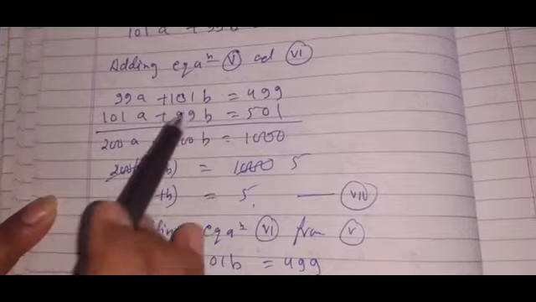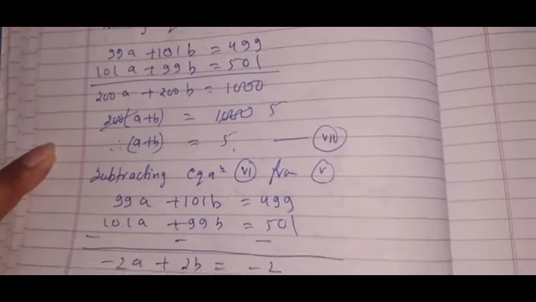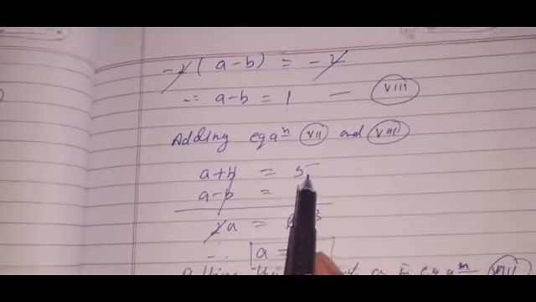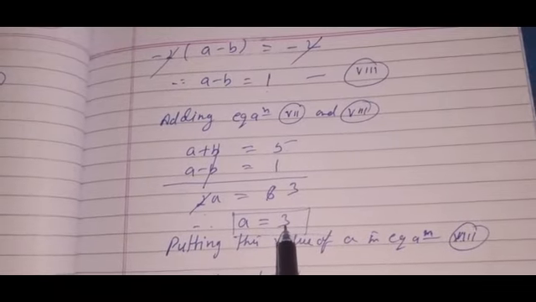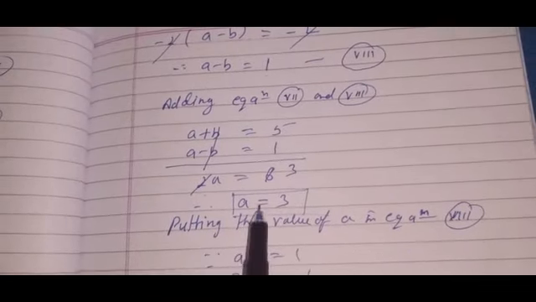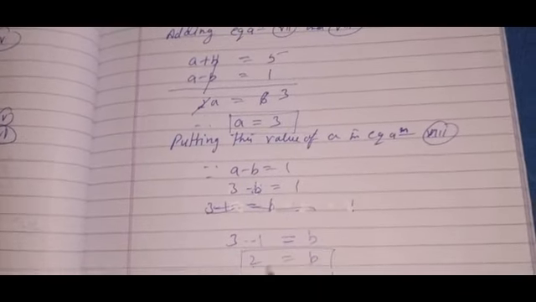You can see that. And when we subtracted these two equations, we found that a minus b is equal to 1. Now we are solving a plus b is equal to 5, a minus b is equal to 1. B cancelled, a is equal to 3. Similarly we are putting the value of a in any of the equations, then b is equal to 2.